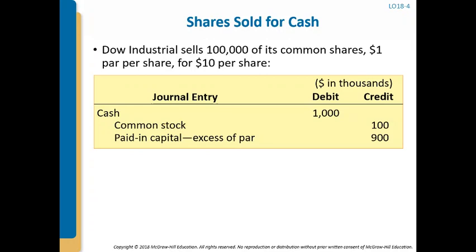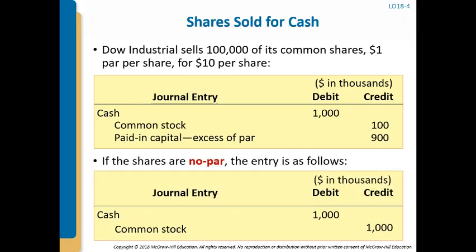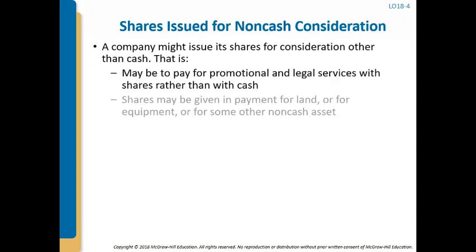So 1 million is the total. $100,000 goes to the common stock par value, and the other $900,000 goes to paid in capital in excess of par. Now, if these shares were no par, it would just all go to common stock. So no par is much easier to use.